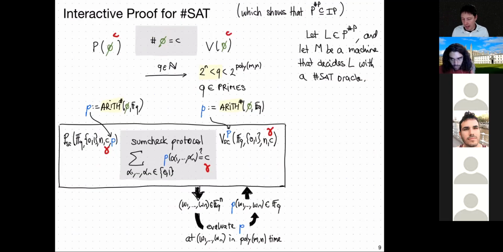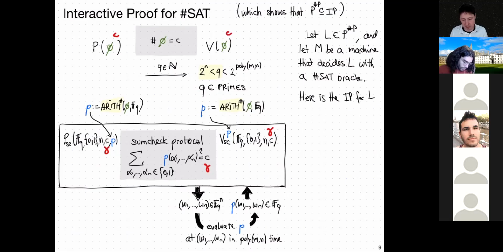Now to get P to the #P, it's one layer up, right? A language is in P to the #P if you have a machine that decides the language given a #P oracle. So now we need an interactive proof that uses this interactive proof as a subroutine whenever it is needed.